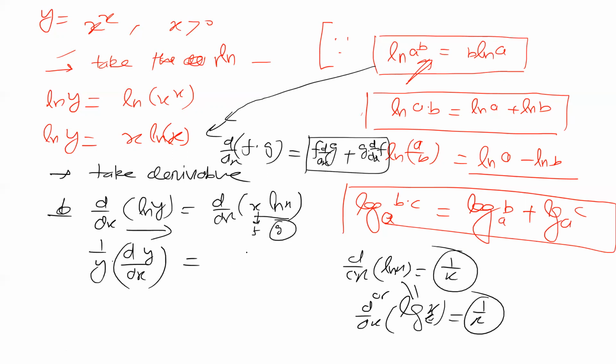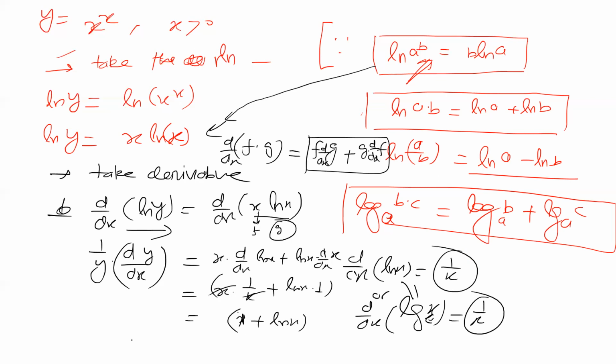So here we apply x into the derivative of ln x plus ln x into the derivative of x. Then x into 1 by x plus ln x into the derivative of x, which is 1. The x and 1 by x cancel out, and you will get 1 plus ln x. Here, dy by dx times 1 by y.